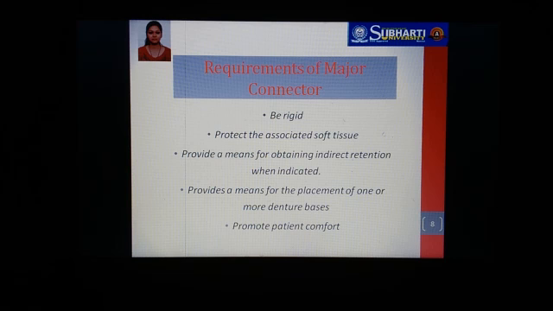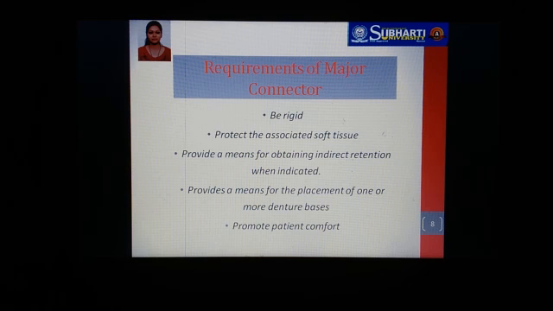Thirdly, it should provide a means for obtaining indirect retention when indicated. Basically we have different types of indirect retainers when we have some amount of teeth present. But when the number of teeth present in the arch is less, then the major connector may act as an indirect retainer, thus providing retention to the prosthesis as well.